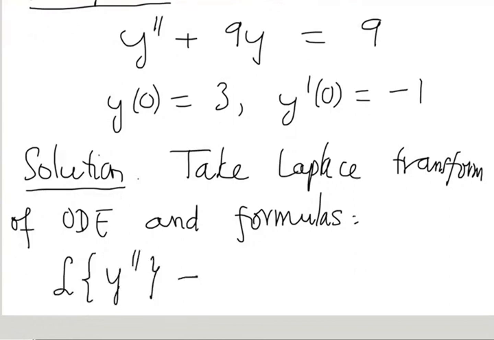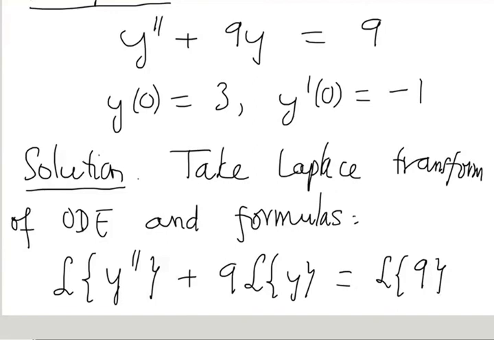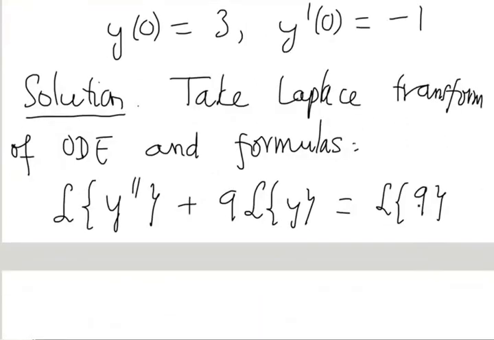Laplace transform of second derivative plus 9 Laplace transform of y equals Laplace transform of 9. Now Laplace transform of 9 is a constant. If you look at one of the first formulas, you will have Laplace transform of k is k over s, so we have 9 over s. And then we use Laplace transform of second derivative together with the initial conditions above.